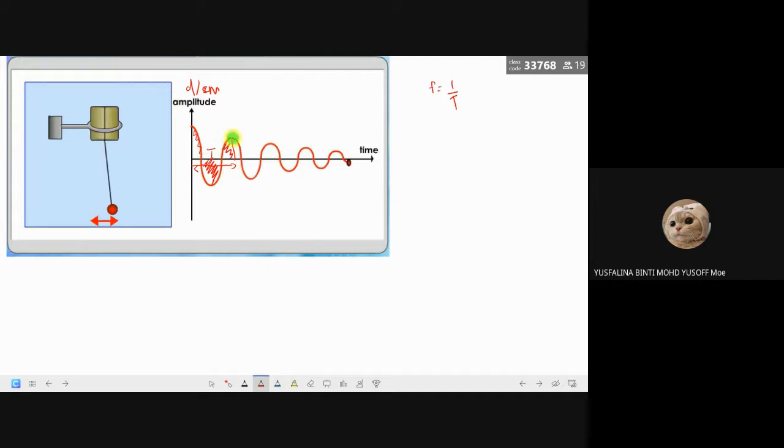Then let's compare the distance between two periods. Another one period is from here to here, so this is another T. Can you see the distance is the same? If you give a value to the axis here, you can see the period is the same.